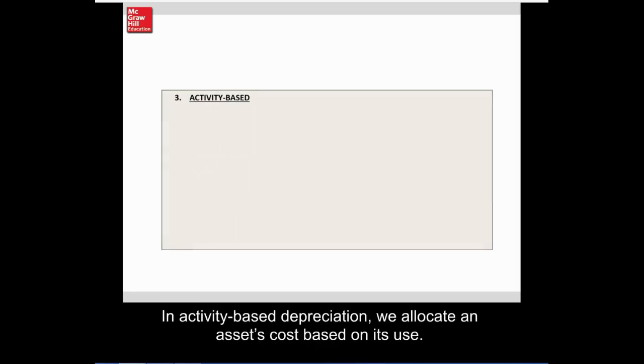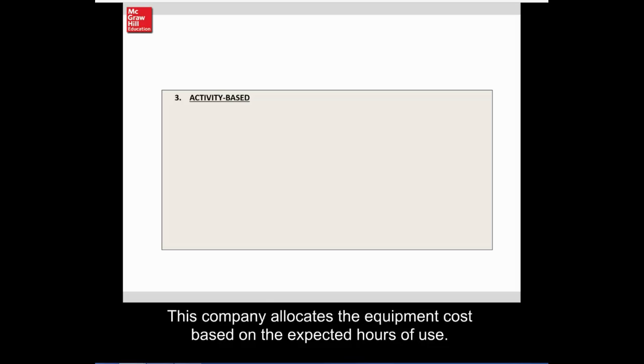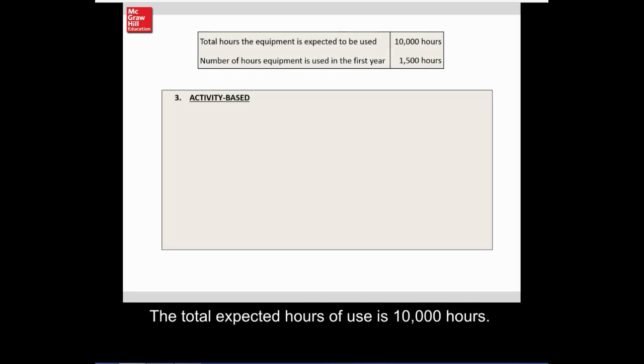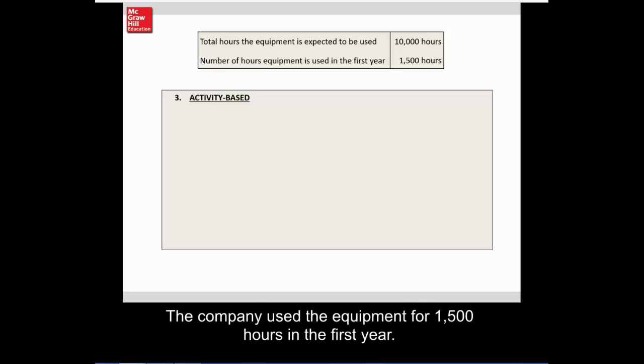In activity-based depreciation, we allocate an asset's cost based on its use. This company allocates the equipment cost based on the expected hours of use. The total expected hours of use is 10,000 hours. The company used the equipment for 1,500 hours in the first year.